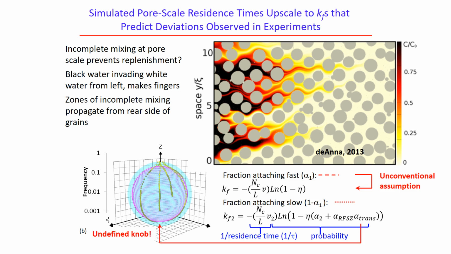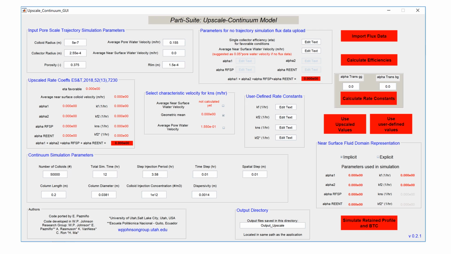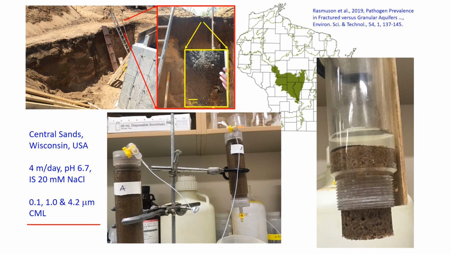Nice work by Diana and colleagues shows that when a fluorescent tracer is invading from the left and displacing tracer-free fluid on the right, you form zones of incomplete mixing that propagate from the rear flow stagnation zones of grains and actually connect to the forward flow stagnation zones of down gradient grains, implying that you'll affect the mass transfer of colloids to surfaces. And so we're checking this to see whether or not this has an impact on what we see at the pore scale and the continuum scale, and explains our continuum scale deviations from log linearity.